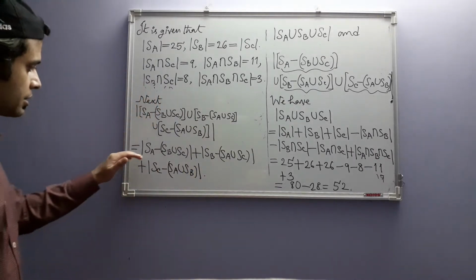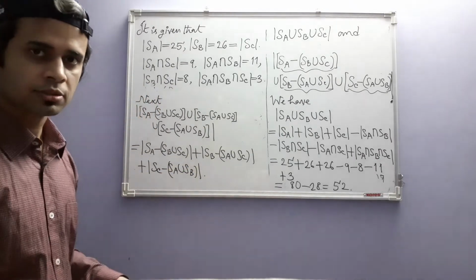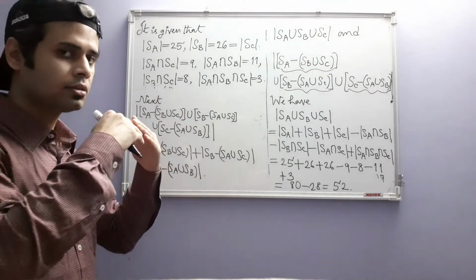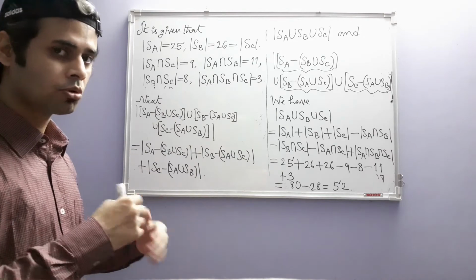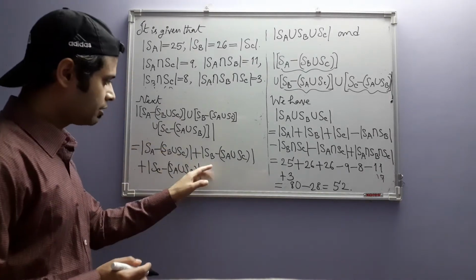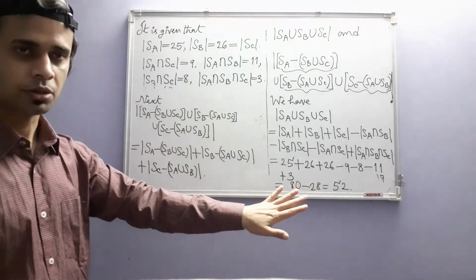That's it. Because they don't have any elements in common, we are not counting any element more than once while adding. So that's why there is nothing else in this formula.